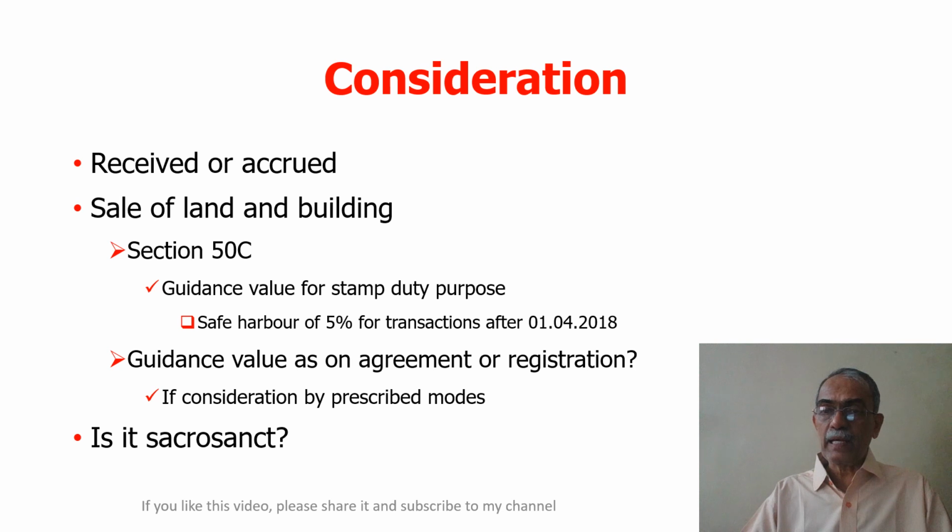Suppose there's a piece of land in a posh area, so the guidance value would obviously be very high, but there is an encroachment on this land, so the value for this particular piece of land will not be as high as the guidance value. So when the taxpayer tries to sell this, the buyer would obviously ask for a lesser rate and will not agree to the value that is fixed for stamp duty purposes.